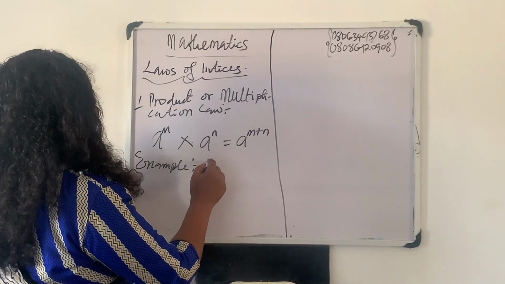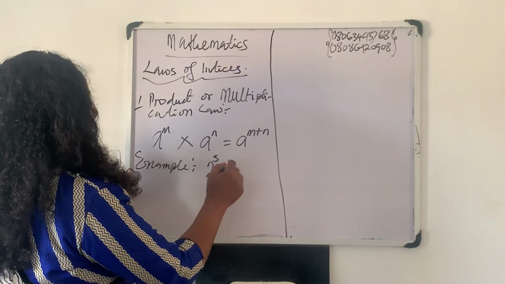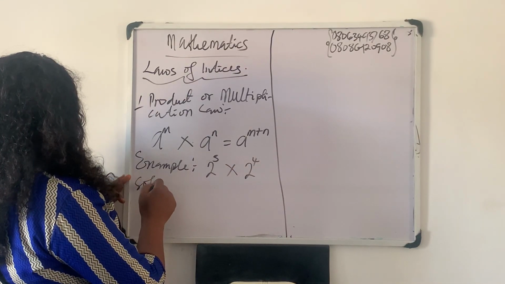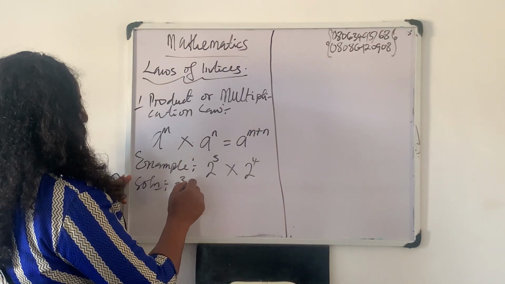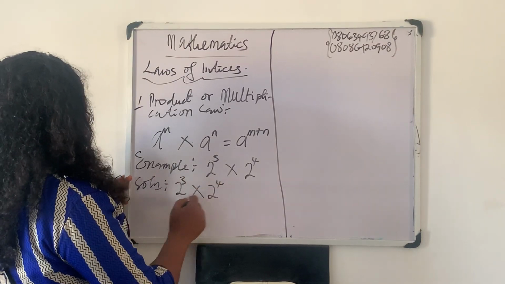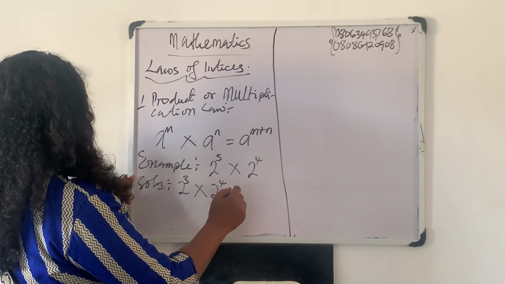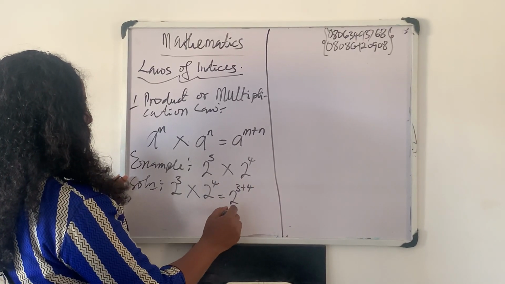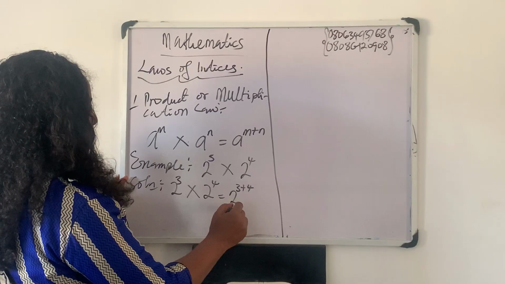if you have, let's say, 2 raised to the power 3 times 2 raised to the power 4, that is simply what? 2 raised to the power 3 plus 4, giving us 2 raised to the power 7.